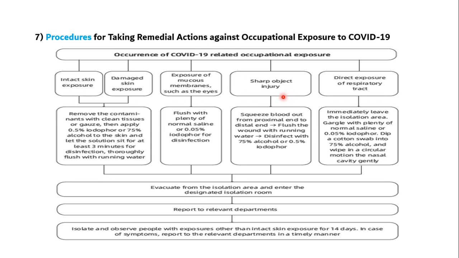For a sharp object injury, squeeze blood out from the proximal end to the distal end, flush the wound with running water, and disinfect with 75% alcohol or 0.5% iodophor. For direct exposure of the respiratory tract, immediately leave the isolation area, gargle with plenty of normal saline or 0.05% iodophor, dip a cotton swab into 75% alcohol and gently wipe the nasal cavity in a circular motion.